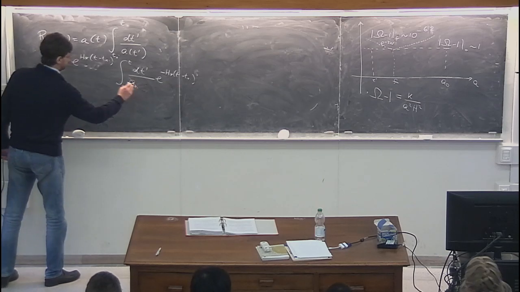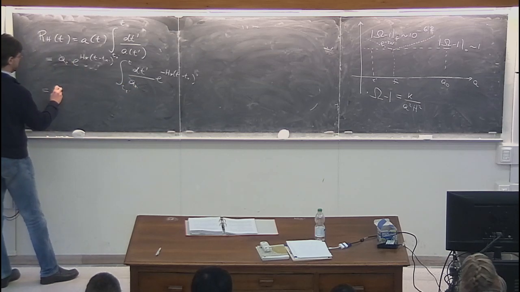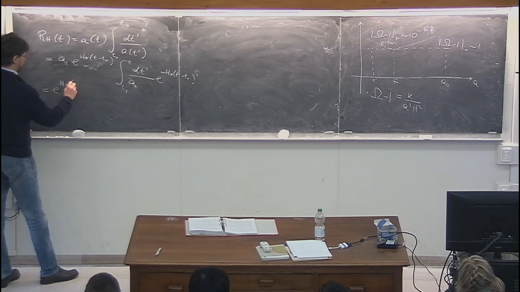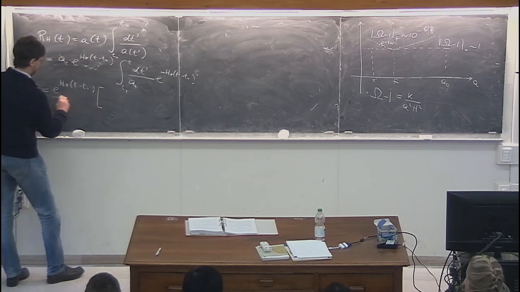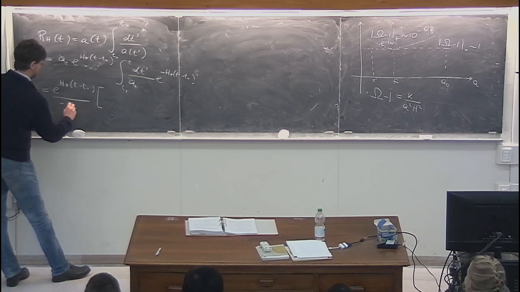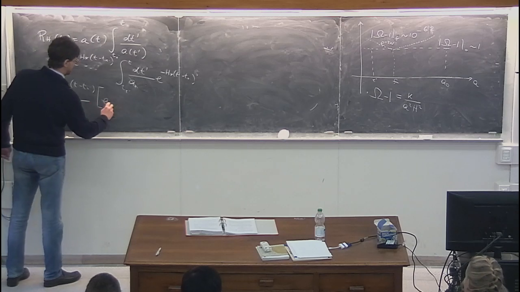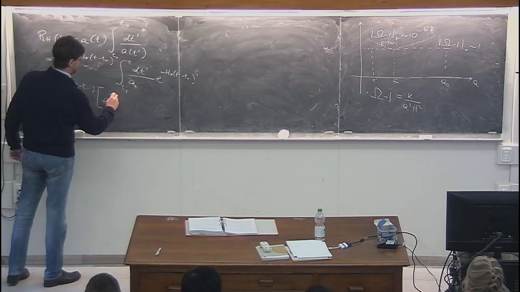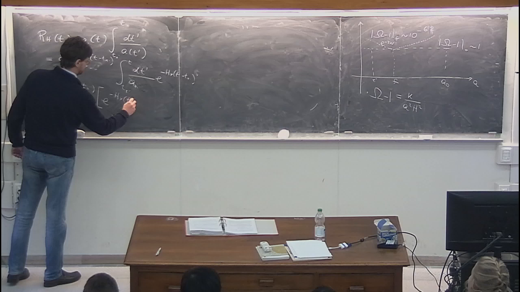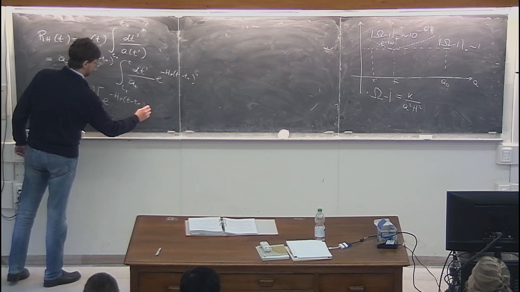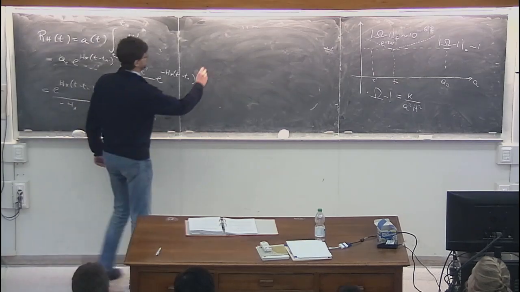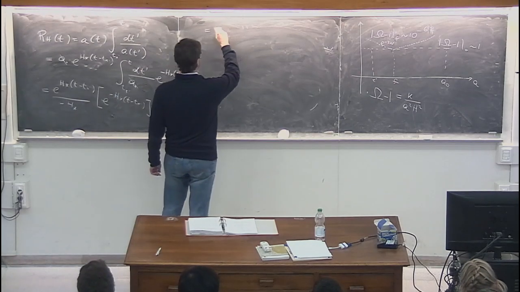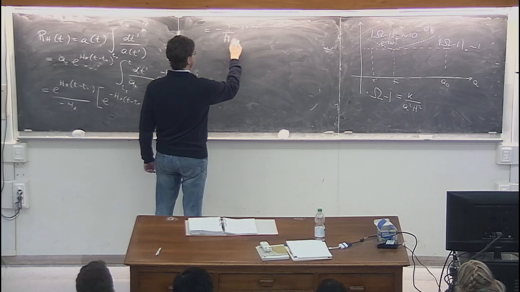So the a_i goes away as usual. So here I have e to the H star (t minus t_i), and here I have minus 1 over H star. Okay, and then here I have e to the minus H star (t' minus t_i) evaluated between t_i and t. Okay, so this is minus 1 over H star.